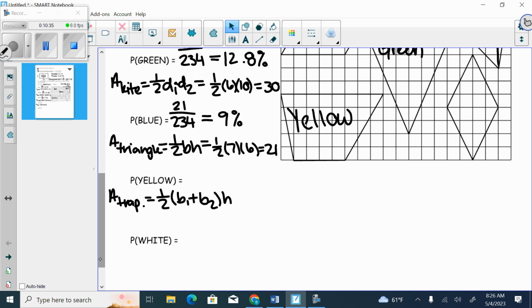Okay, so we got 1/2 times 8 plus 4 times, remember the height has to be perpendicular. What's my height? 5. Alright, so what do we get for the area of the trapezoid? 30. Alright, so the probability of hitting yellow would be 30 out of that total 234, which we already said that this would be what percent?